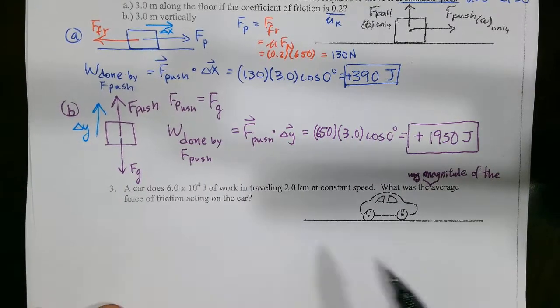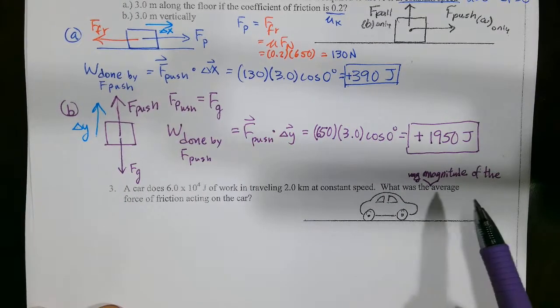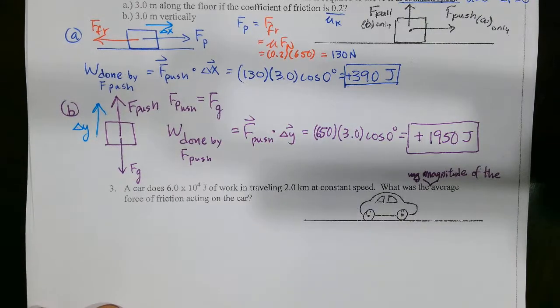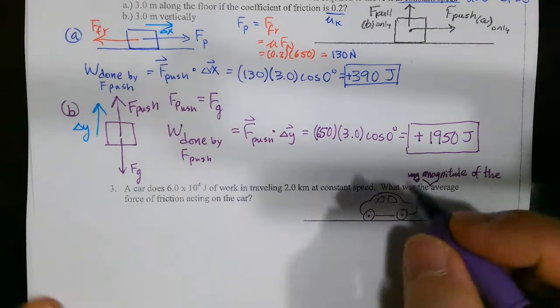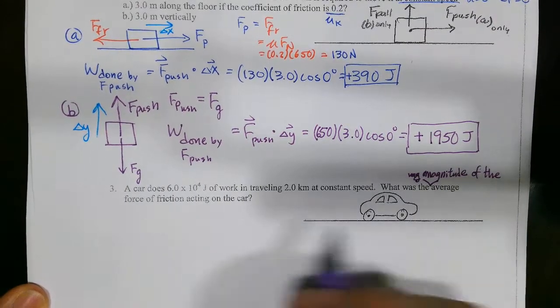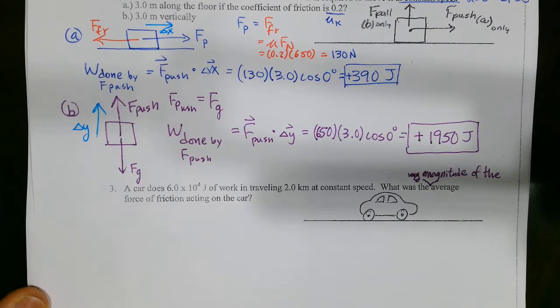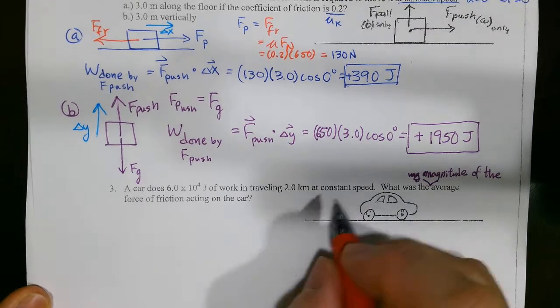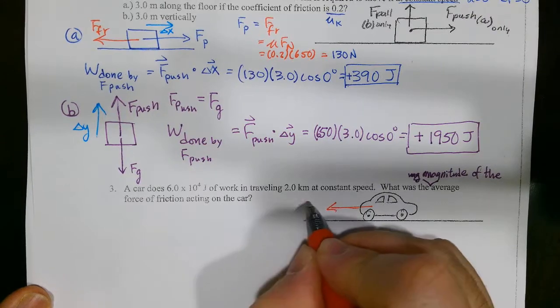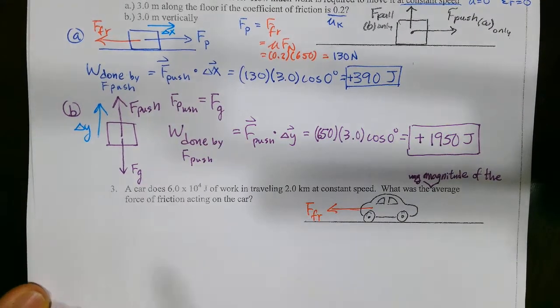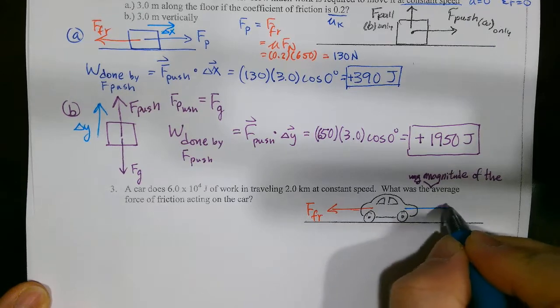It could be a combination of friction between tire and the road, as well as the wind resistance and all the other frictions involved, all combined together. So the friction obviously is going to be going in this direction, and then the force of the car is probably going to be going in this direction.